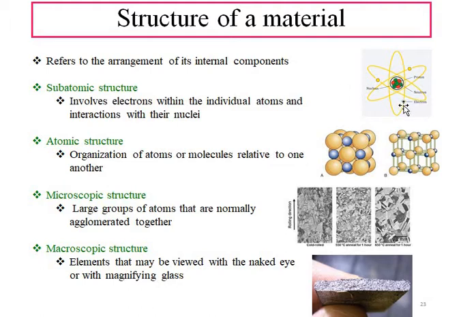So the structure that deals with the subatomic particles is known as subatomic structure. The subatomic structure consists of three parts. The first one is electrons, which revolve around the nucleus, and the nucleus is divided into two: proton, which is positively charged, and neutron, which is of neutral charge. Okay, so that's about the subatomic structure.